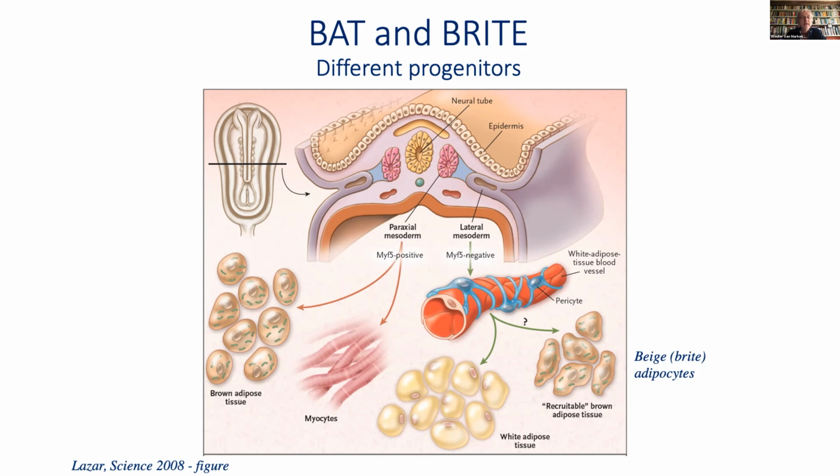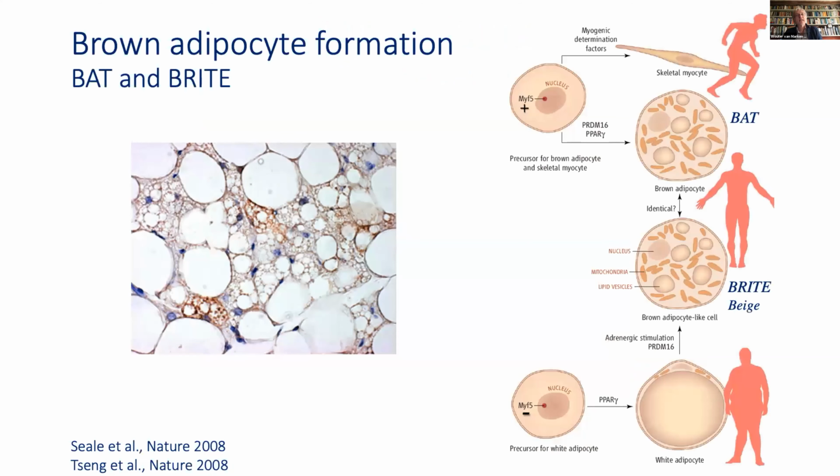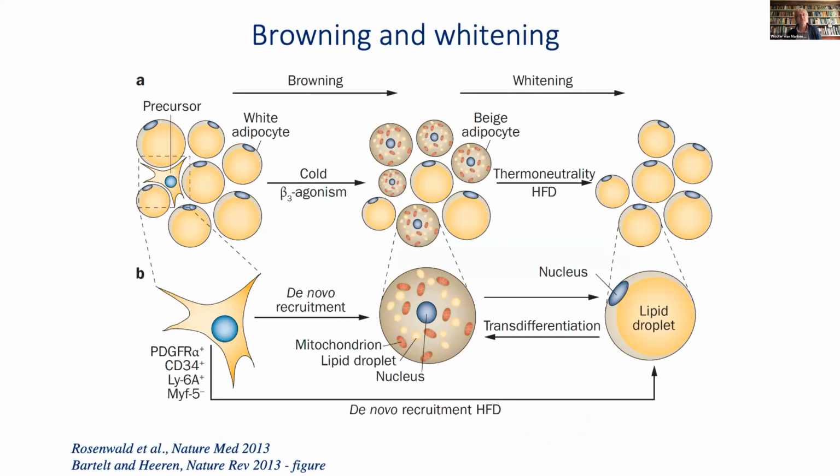So much interesting research has been going on, and this one also clearly shows that there can be transdifferentiation in these brown or beige adipocytes.